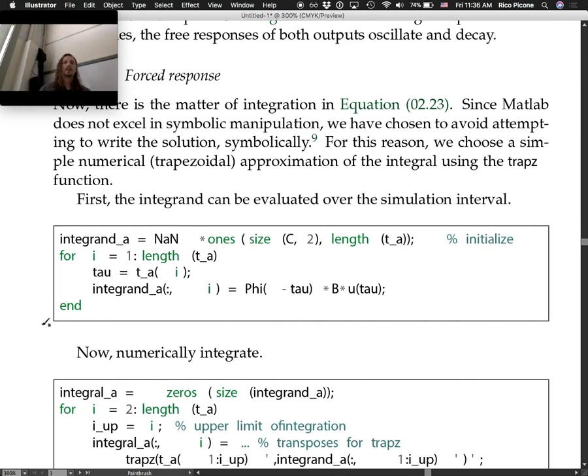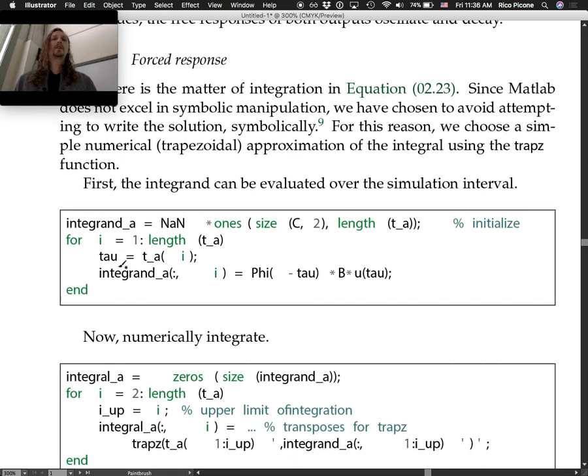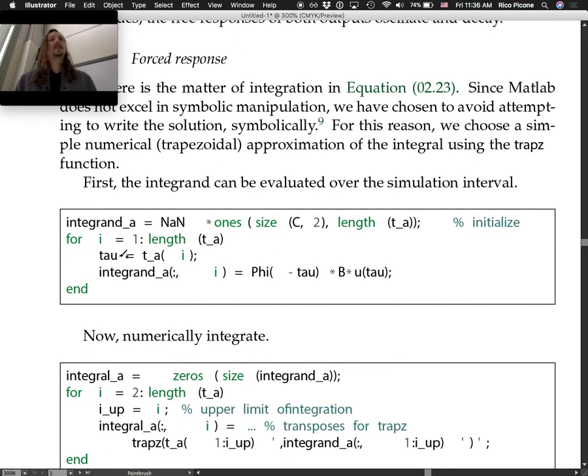So, once again, I loop through each value of time. And to call out the fact that my integrand is in tau instead of t, I just said tau is equal to the current time value, which was sort of superfluous, but I thought it was a little easier to look at.